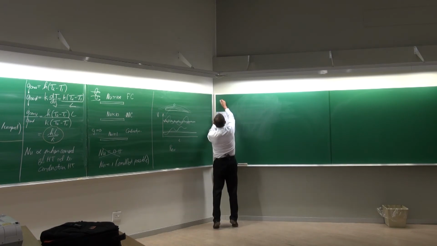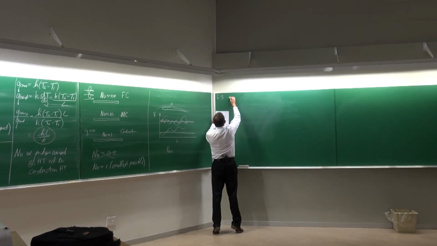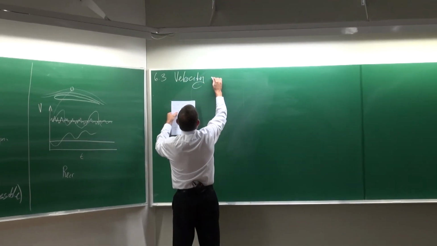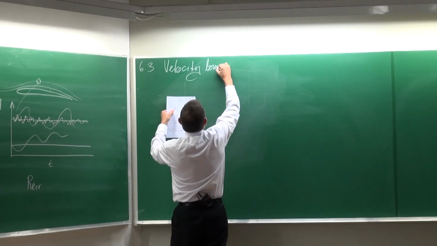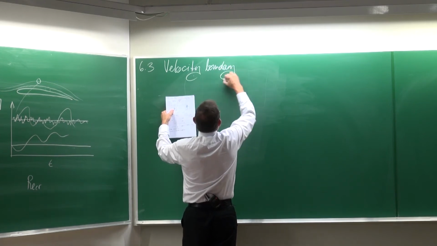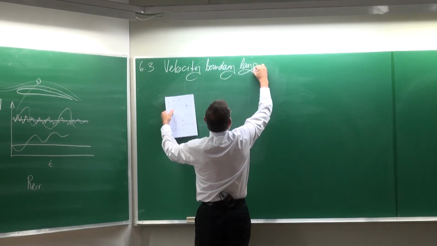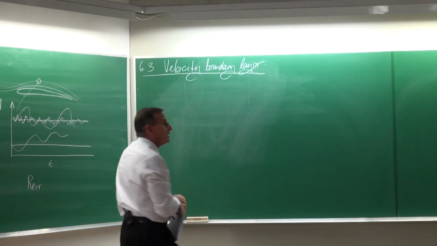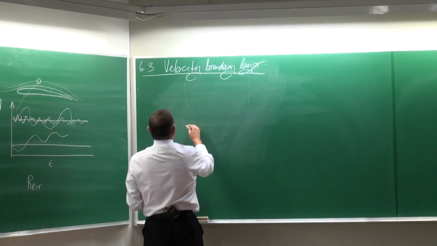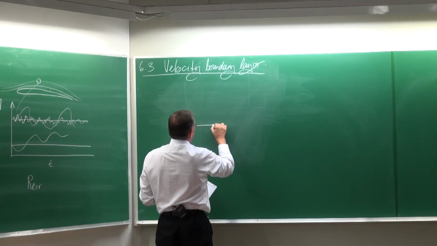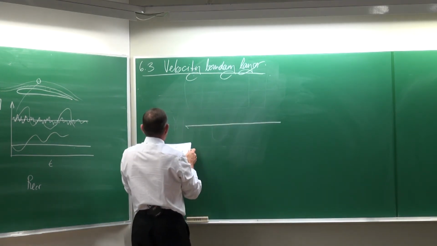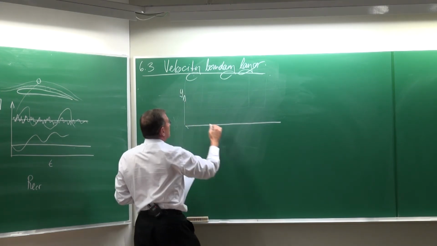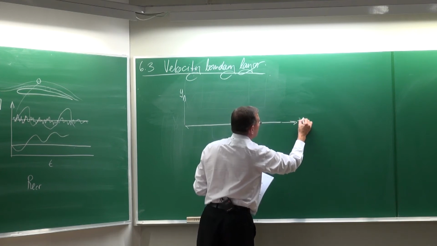So paragraph 6.3 is the velocity boundary layer. The best is to illustrate it on a flat plate. This is a flat plate. And our coordinate system is y and x in that direction.